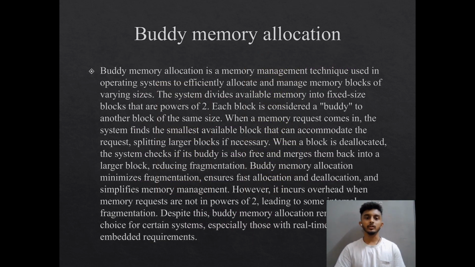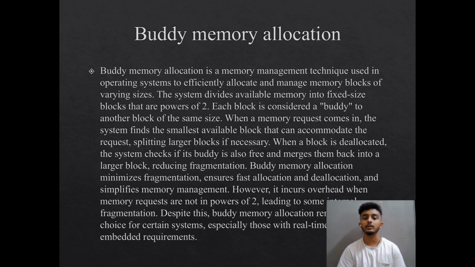Now let's look into the buddy memory allocation. Buddy memory allocation is a memory management technique used in operating systems to efficiently allocate and manage memory blocks of various sizes. The system divides available memory into fixed blocks that are powers of 2. Each block is considered a buddy to another block of the same size.